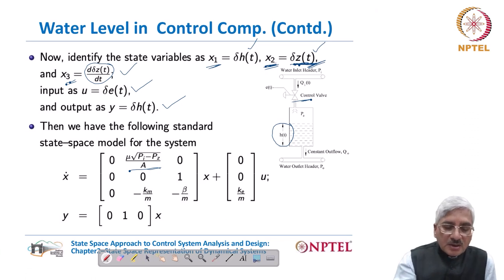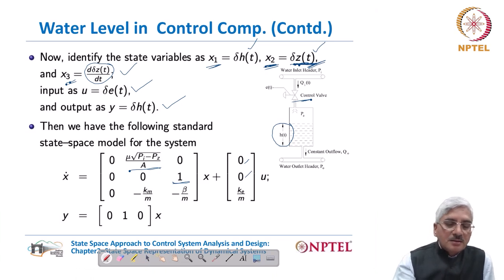So the derivative of x2 doesn't depend on x1 and x2, but it depends on x3 because x2 dot is x3. So we have a 1 here. And this also doesn't have any input term. So the corresponding input terms are 0, 0 in the B matrix.